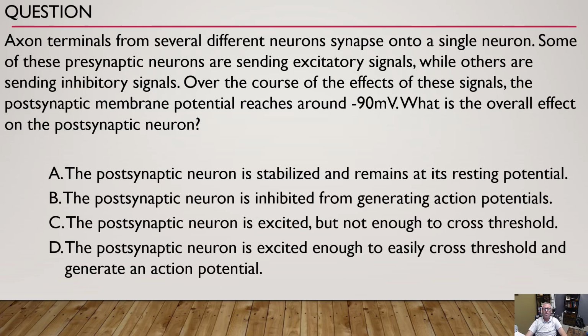So basically this question is asking, where does negative 90 millivolts fall on this scale, on this drawing? Is it at resting membrane potential? Resting membrane potential is negative 70. No.